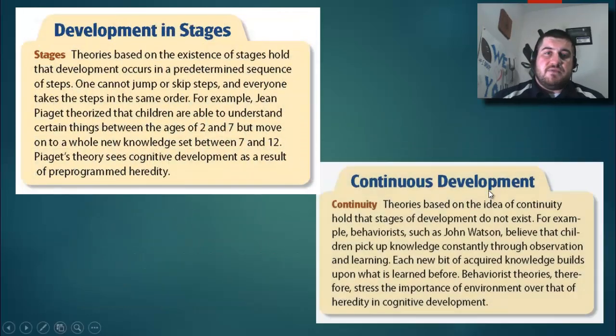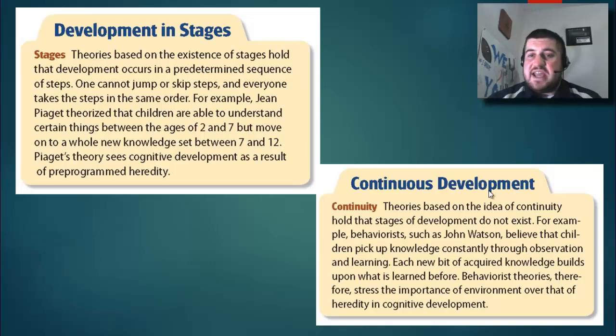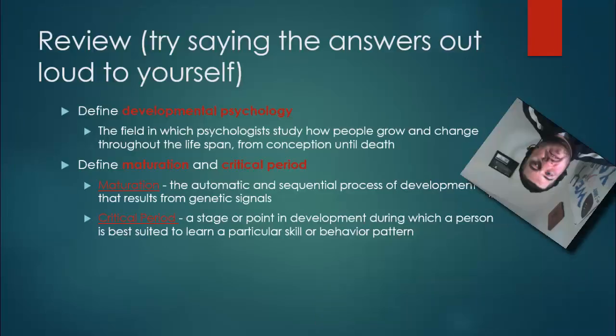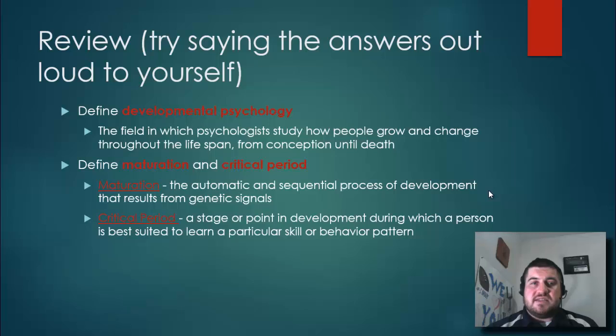And here is a review of development in stages and continuous development. And so let's review and define developmental psychology. Try to read the definition to yourself or say it out loud without even looking at the page or at your notes.